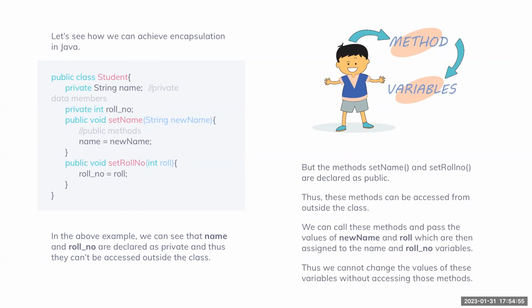So the only way that we can change the value of private variables is through the setter methods.